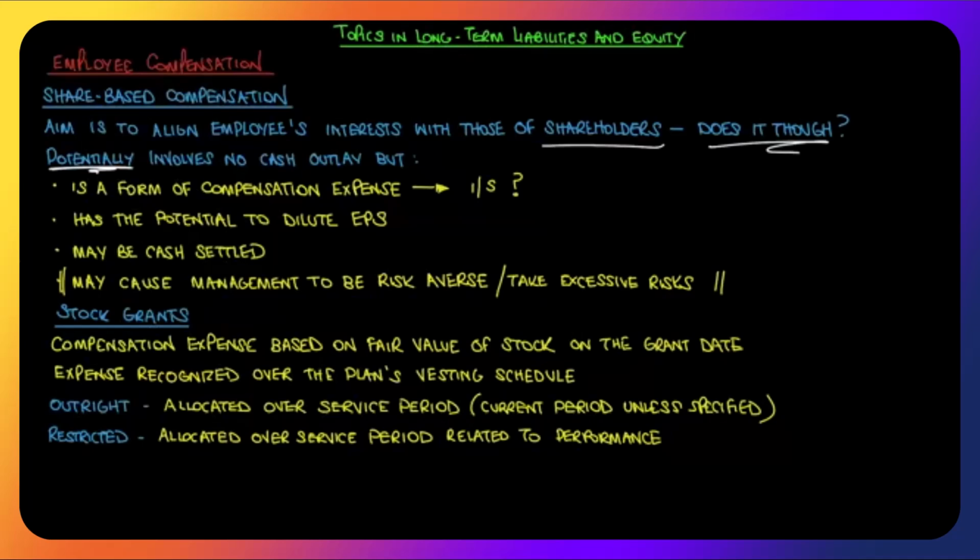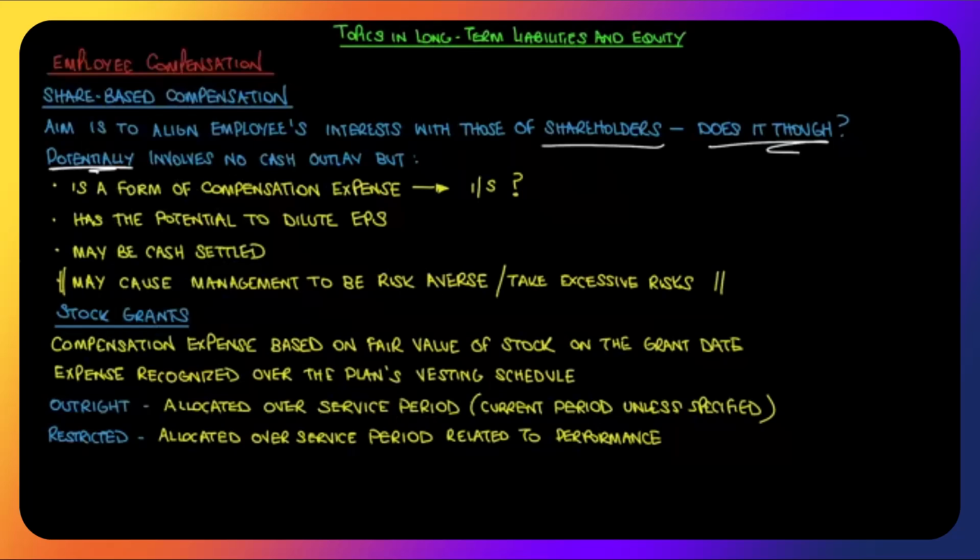Conversely, if you're granting share options, remember options, or I say remember if you've not studied them yet, options have limited downside. And in this case, you've got the right to receive shares, so it's really a call option, unlimited upside. If at the moment the share price is so low that your options are worth nothing, or you've got nothing further to lose, you take excessive risks to try and get big gains. So, some advantages, some drawbacks.